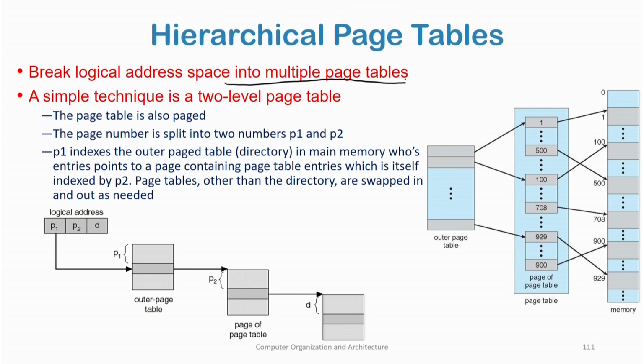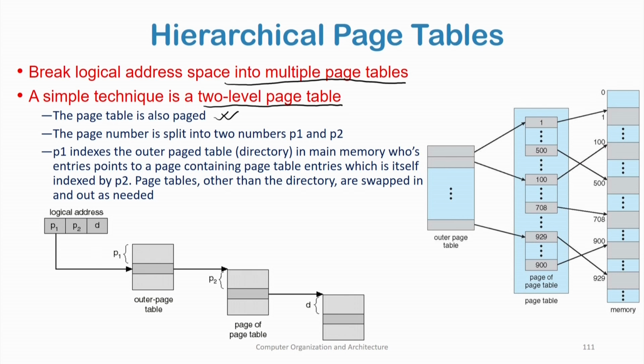The simplest scheme is a two-level page table. So, what happens in a two-level page table? As I told you, the page table is also paged, similar to paging with segmentation. The second and third level page tables may or may not be in main memory. This allows the page table to be paged, and therefore, better sharing of the main memory is possible.